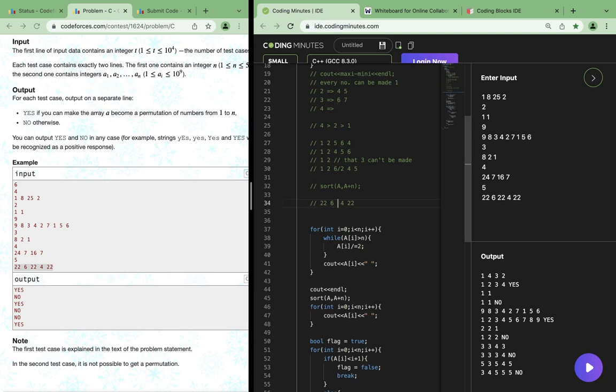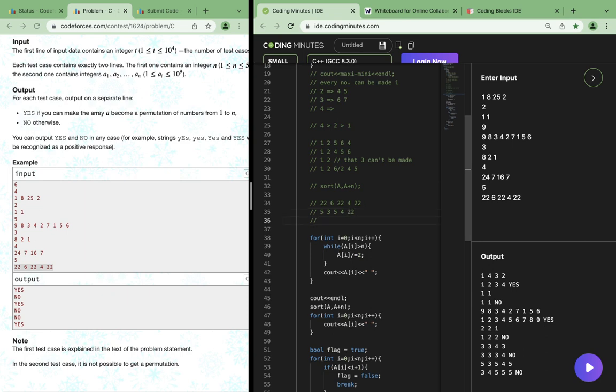So 22 can be brought down to 11 and then subsequently to 5, which comes under the range. And 6 can be brought down to 3, which comes in the range, and this is again a 5, and this is 4, we leave it as it is, and this when sorted would mean 3 3 4 5 5 5.